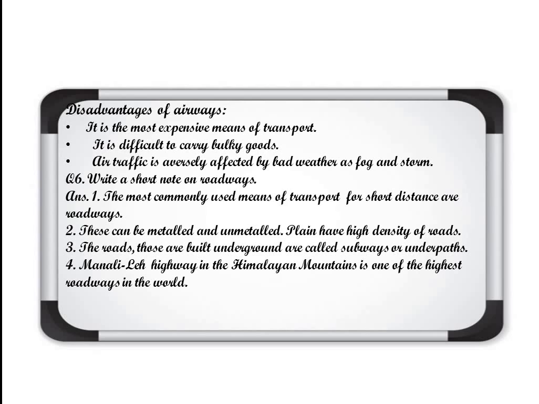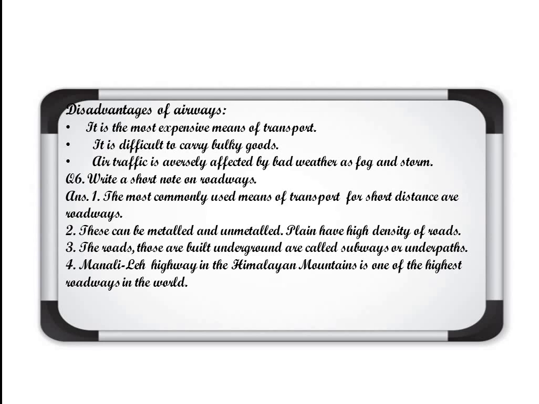Number 6, write a short note on roadways. The most commonly used means of transport for short distances are roadways. These can be metalled and unmetalled. Plains have high density of roads. Number 3, the roads that are built underground are subways or underpasses.